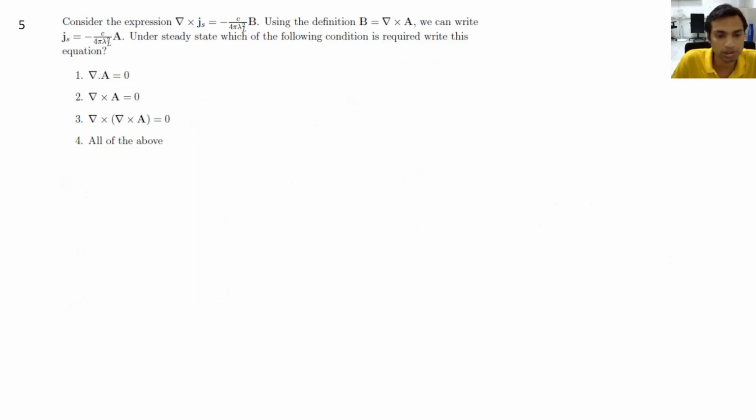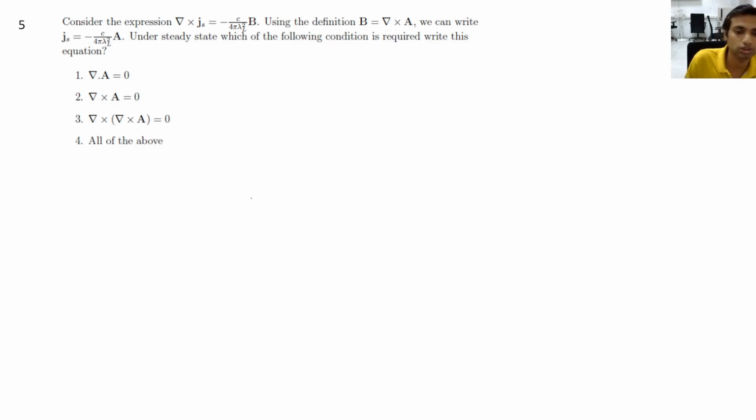Now consider the expression. This is again London's equation. Under the steady state, which of the following conditions is required to write this equation? What is steady state? The steady state means that the current is flowing in a steady way, so there is no extra charge generated.